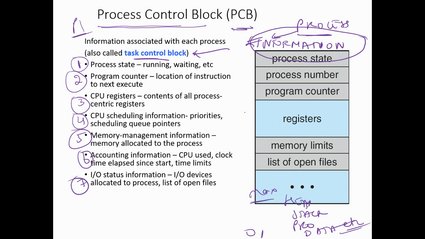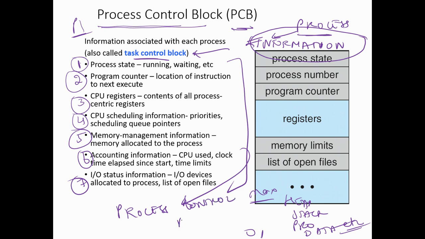So this information is present inside the process control block. Clear, guys? For each and every process there is some kind of information, and that information is stored inside a block called the process control block.